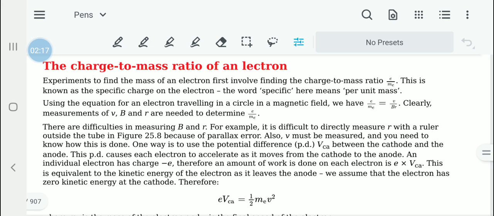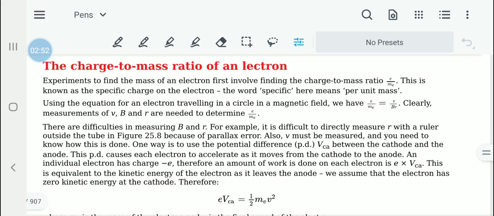One way that we can do this is using the potential difference VCA between the cathode and the anode. This would allow each electron to accelerate when it goes from cathode to anode. Because a single electron has a charge of negative e, the work done is going to be e times VCA.